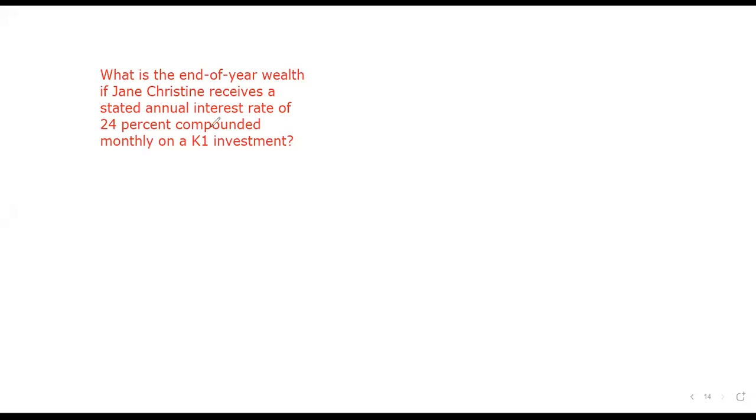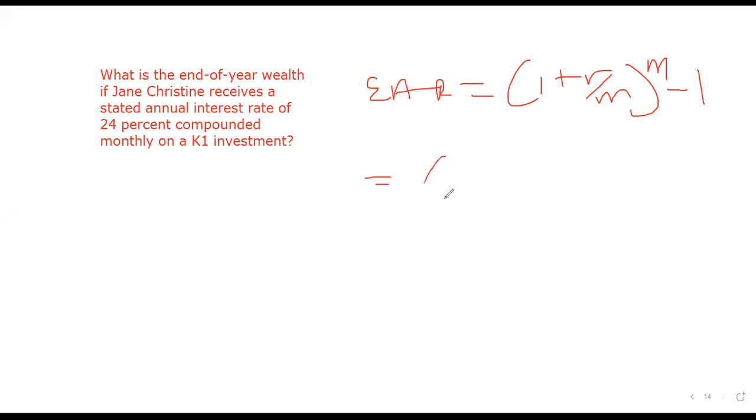Remember, I said effective annual rate is given by 1 plus R over M, all to the power M, minus 1. So our interest rate is 24%, compounded monthly. Monthly means 12.